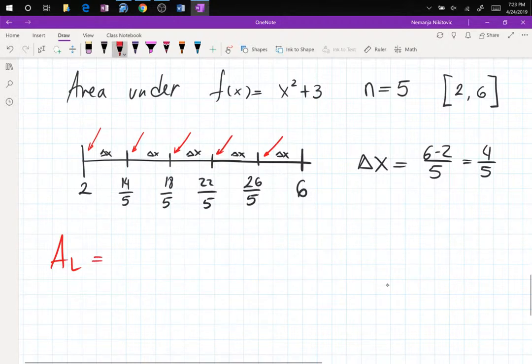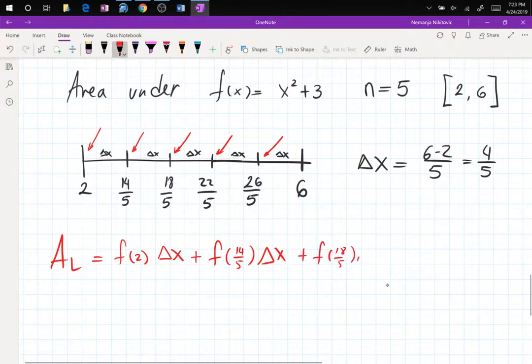So I have a function computed at 2 times delta x plus function computed at 14/5 times delta x plus function computed at 18/5 delta x plus function computed at 22/5 delta x, and finally plus function computed at 26/5 times delta x.